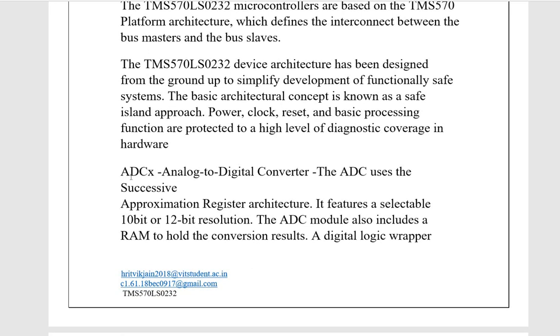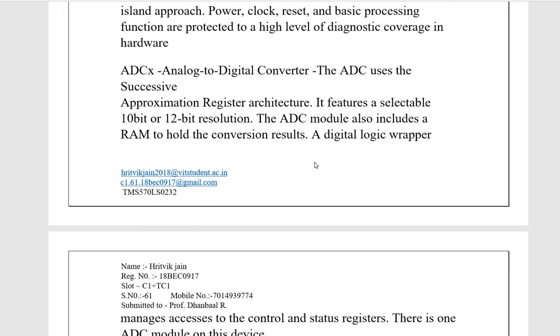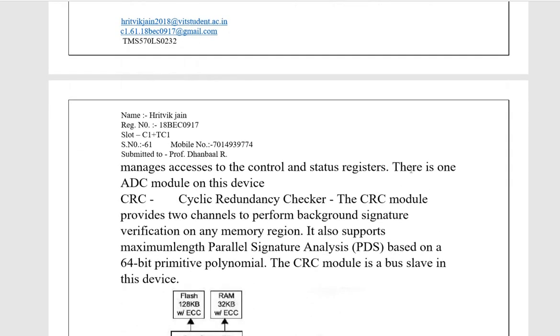In this I use the ADC, the analog to digital converter also. In the successive approximation register architecture, it features a selectable 10-bit to 12-bit resolution, and manages access to control and status registers also. There is one ADC module on the device.